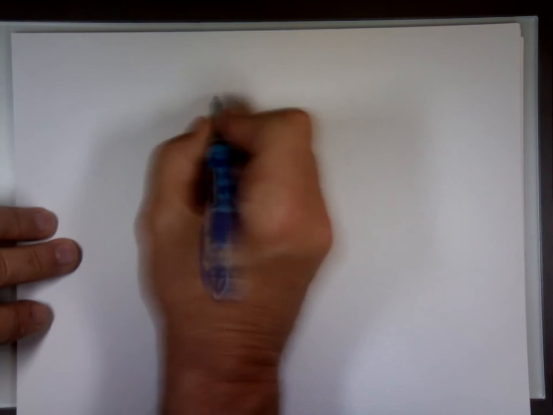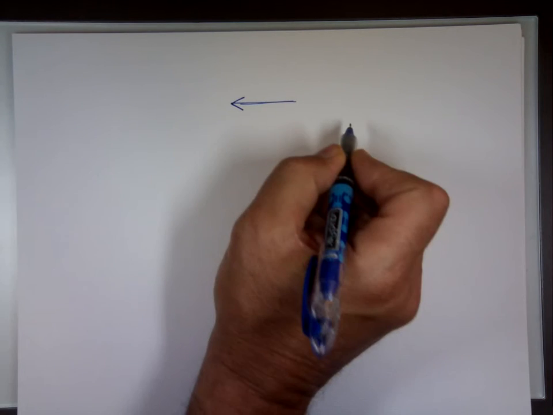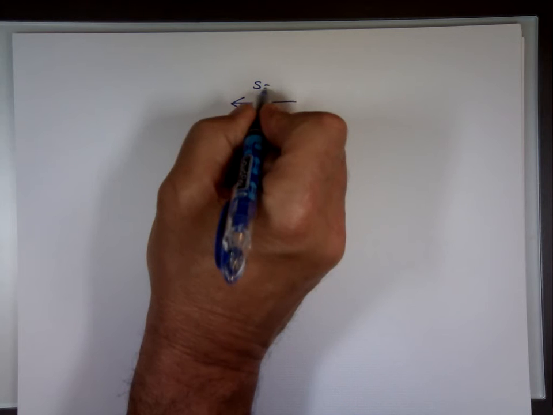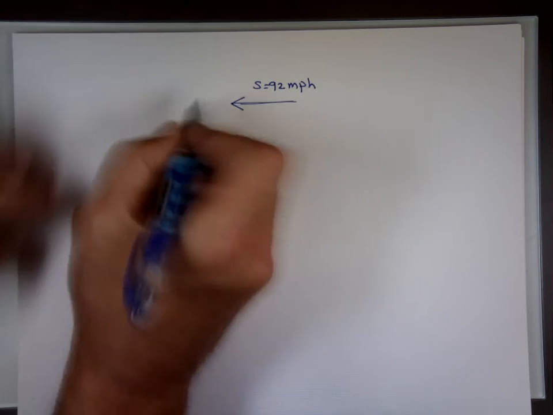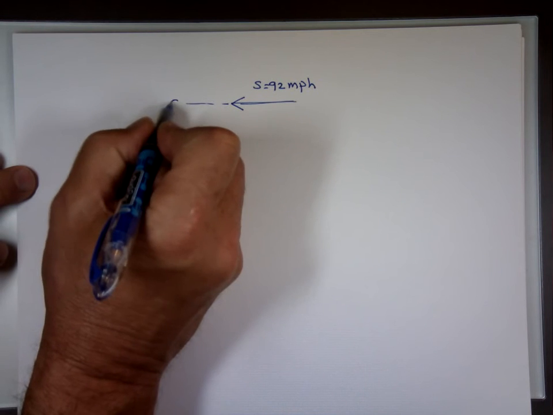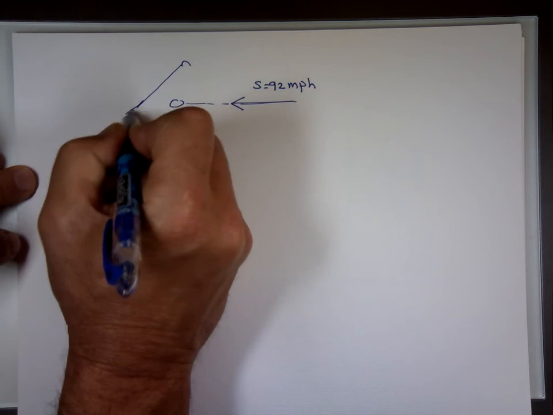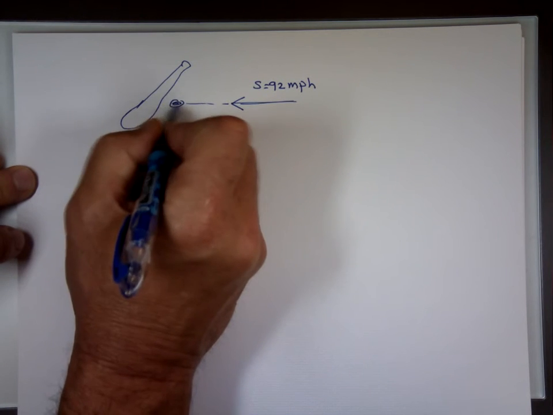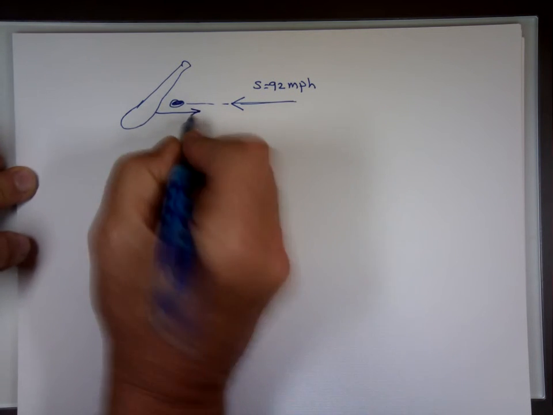The ball is coming in at, I don't know, let's give it a speed of 92 miles per hour. It's coming this way, the ball. It makes contact with the bat. Then when it hits the bat, it goes back in that direction, and let's say at 95 or 100 miles per hour.